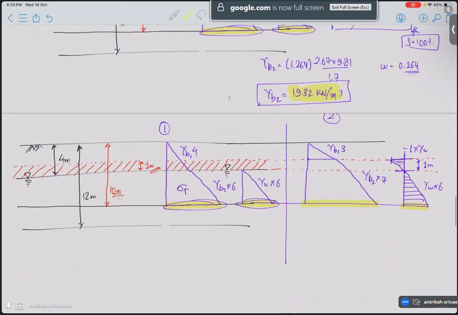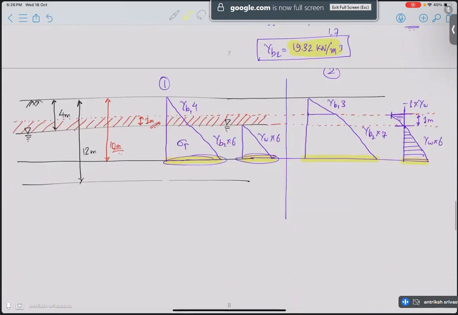Okay. So let's solve. So sigma T, that is 4 into gamma B1 plus gamma B2 into 6. 4 into 17.31 plus 6 into 19.32.